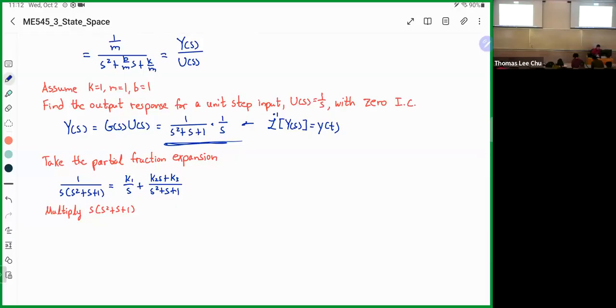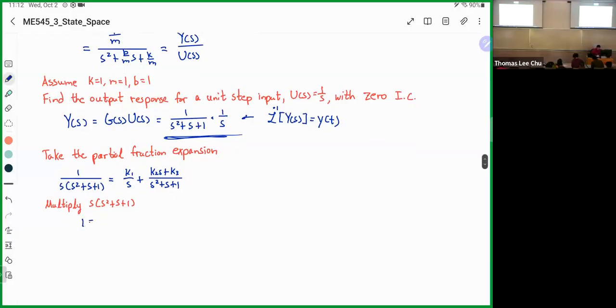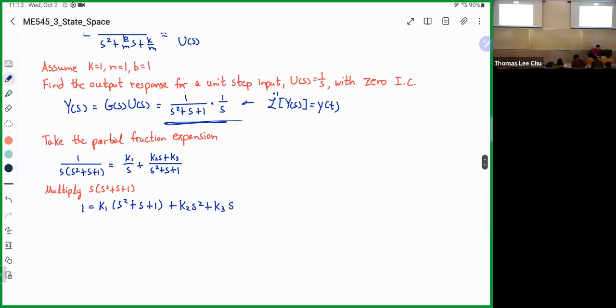Okay, so we get 1 is equal to k1 times s squared plus s plus 1 plus k2s squared plus k3s. Then we're going to group them together by their powers. 1 is equal to k1 plus k2 times s squared plus k1 plus k3 times s plus k1.